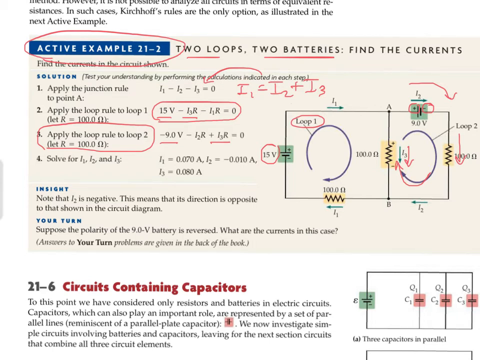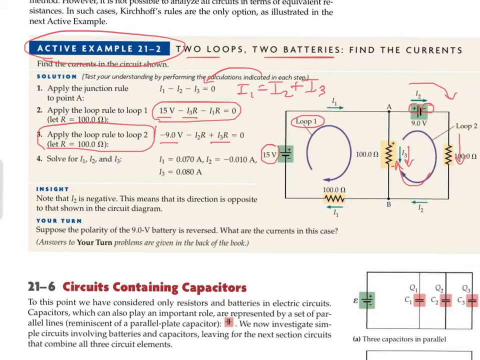So you don't have to be right in your prediction about which way the current's going, but you do have to be consistent about applying the loop rule in a constant direction. So we chose clockwise. We continued to move around in a clockwise direction, and that forced us to go in the opposite direction of the current on the left-hand side of that loop there. So as long as you're consistent, you'll get the correct answers.